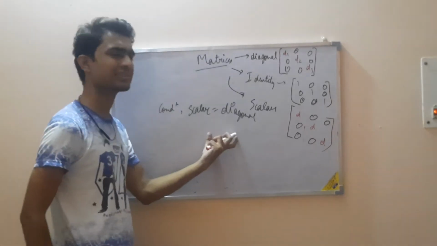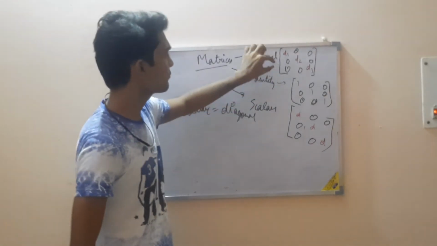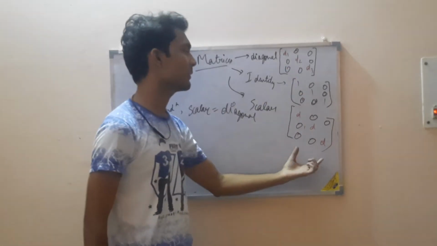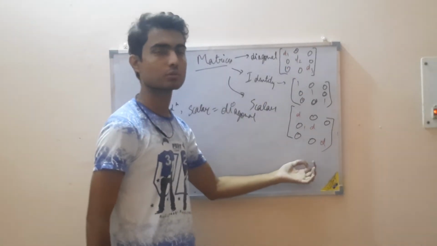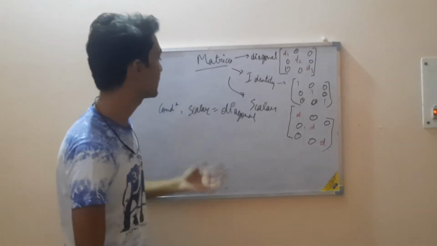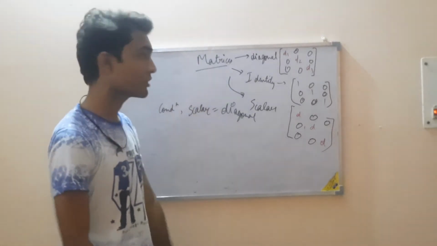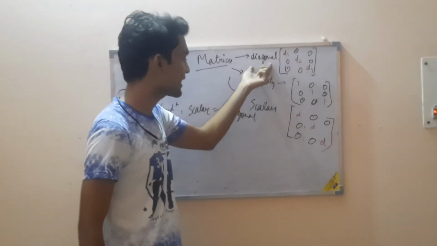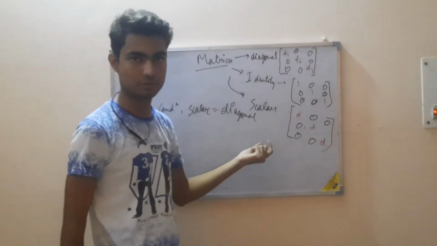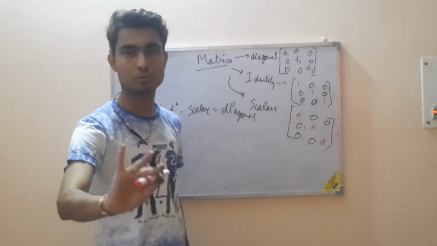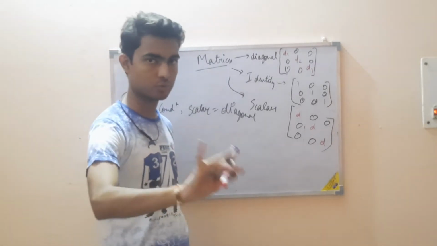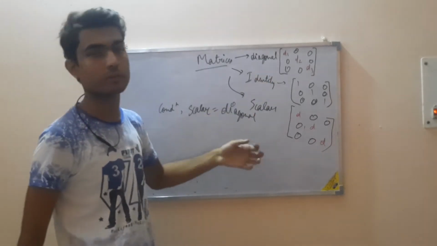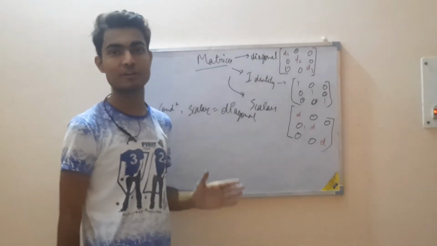It's very easy. You have the representation of a diagonal matrix and a scalar matrix. So write down the condition to convert this diagonal matrix into a scalar matrix. No row transformation is required here. Just try to think, and if you got the answer, pause the video and mention it in the comments.